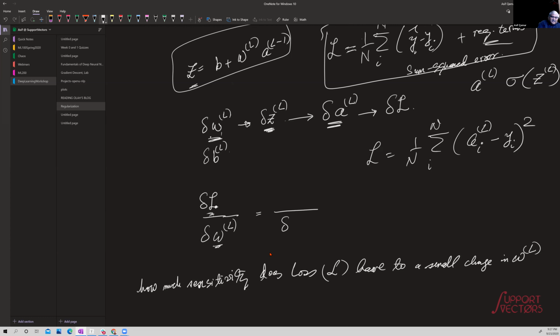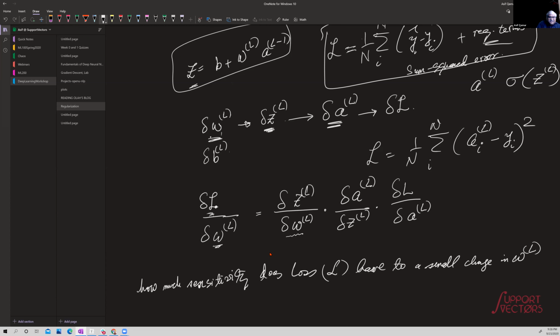But let's work it out. This change of W is causing a change in ZL. Now how sensitive is the activation function to a change in ZL, and how sensitive is therefore finally the loss with respect to AL? So you can't compute it directly, but you can ask it step by step.